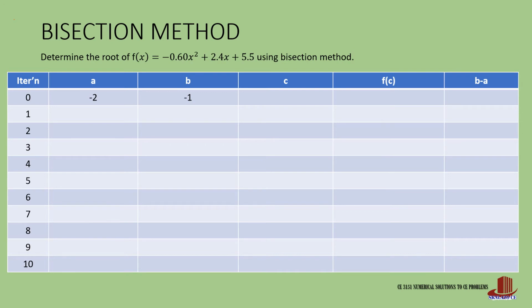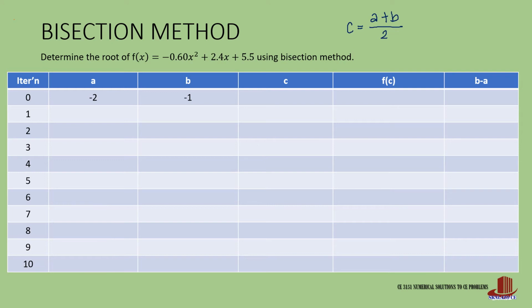So we said that the lower limit would be negative 2 and the upper limit would be negative 1. From our definition earlier, we would have the mid-value for c, which would be taken as the average of a plus b, or that would be everything divided by 2.